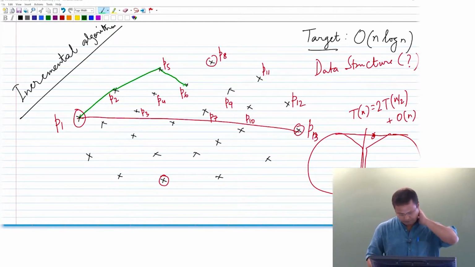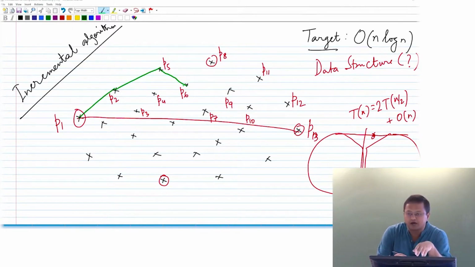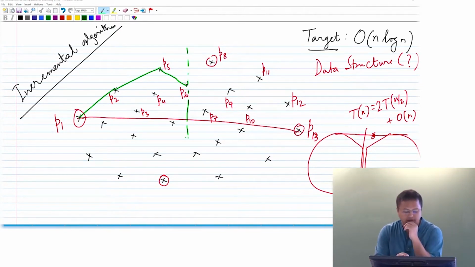Okay. For some reason, let me put this P7 a little higher. Now, see, when this P7 comes, you try to extend this by including P7. Now, the idea is if you look at it, all points considered till now lie below this chain.